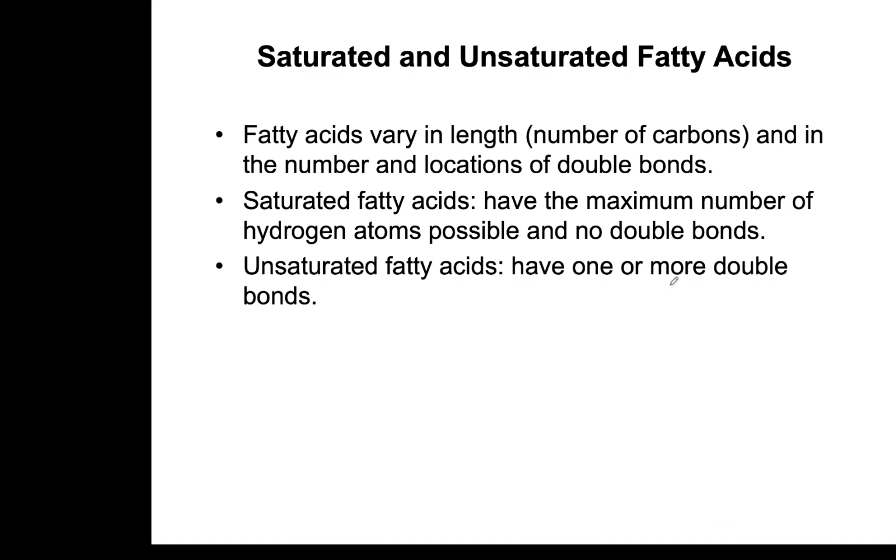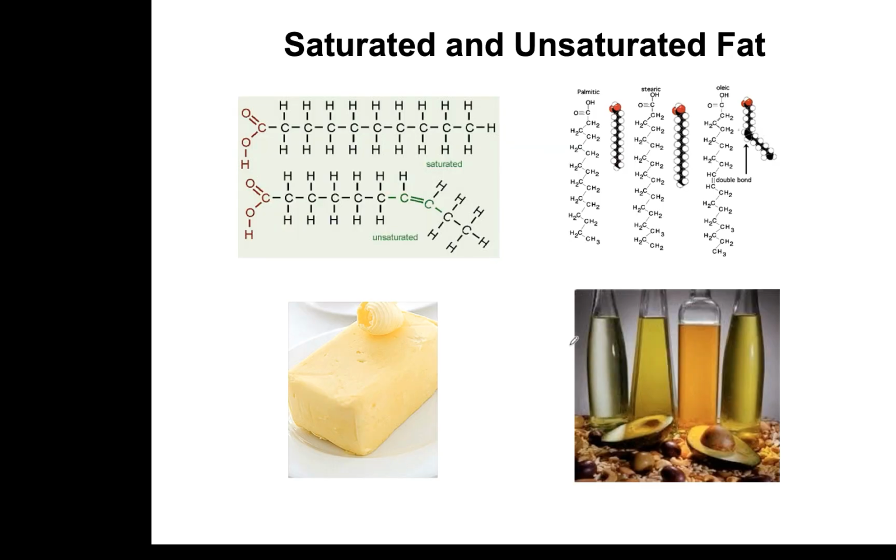Fatty acids vary in length, the number of carbons, and in the number and location of double bonds. Saturated fatty acids have the maximum number of hydrogen atoms possible and no double bond. Unsaturated fatty acids have one or more double bonds. So look at saturated fat.